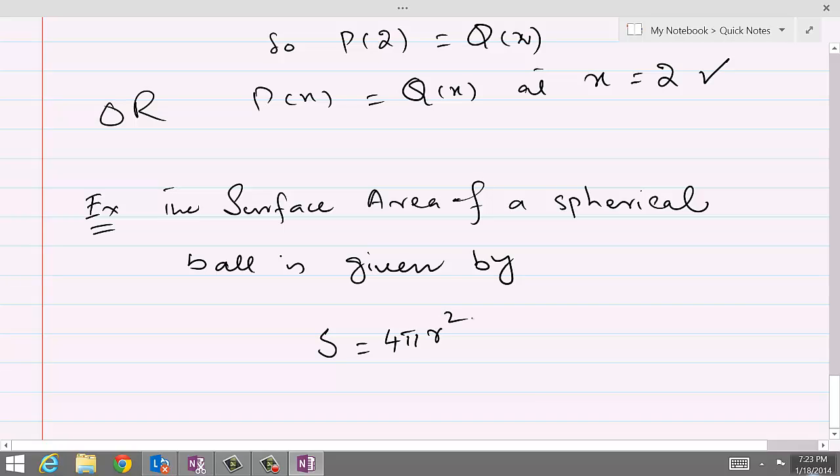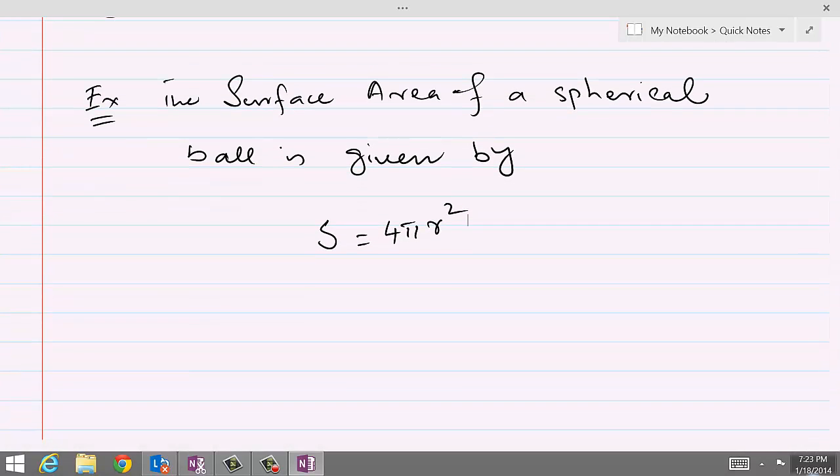Find the surface area of the ball with a diameter of 10 centimeter.